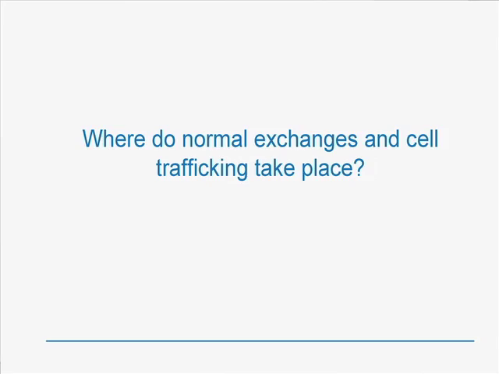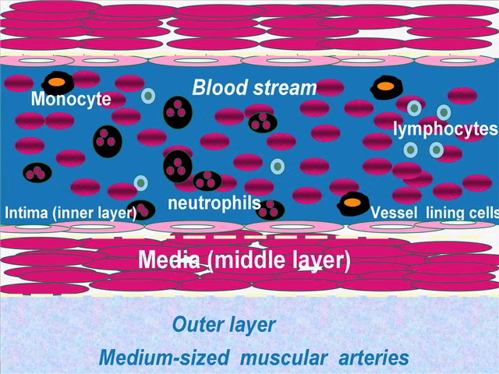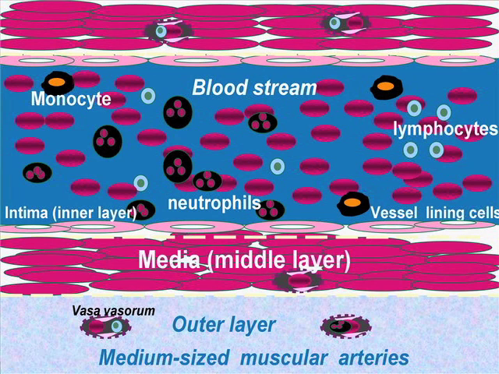And if you would oblige me by accepting my feeble artwork here, this cartoon of a blood vessel and the cells within the circulation, you can imagine that exchange of chemicals and nutrients would be very difficult if it were going to take place throughout the wall of a muscular vessel to get access into tissue.